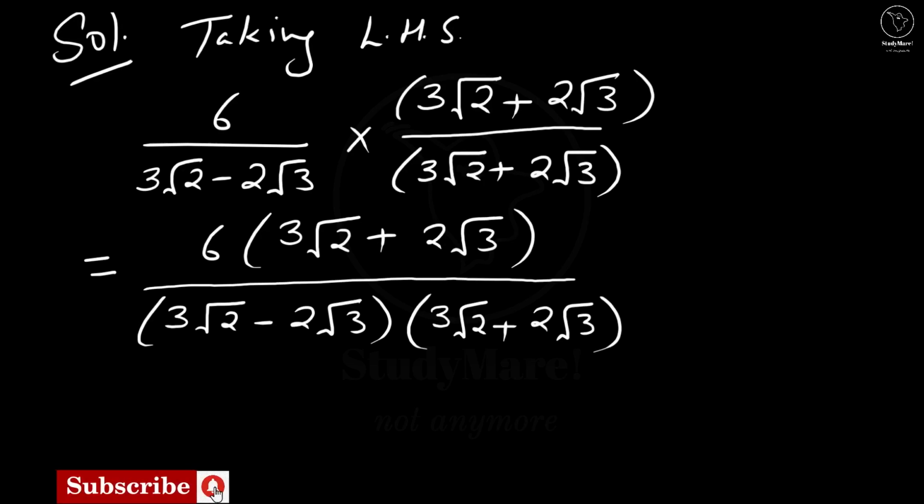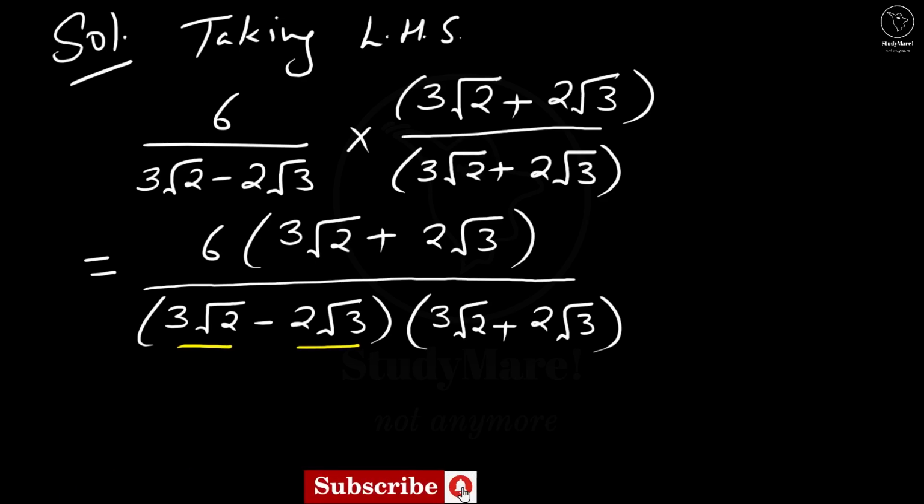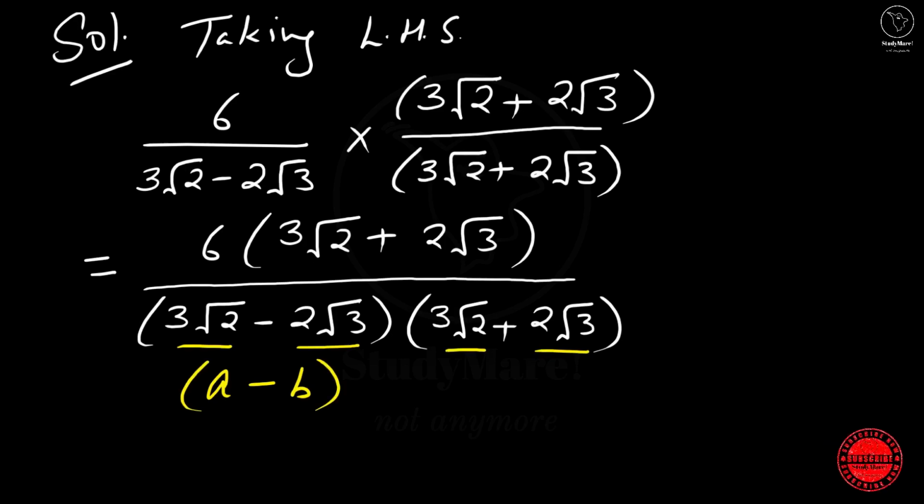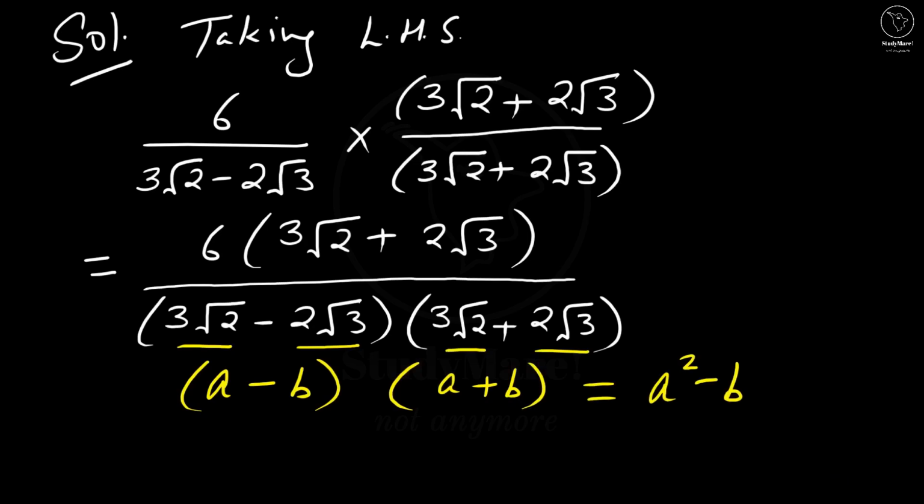If you look at this, we have 3 root 2 minus 2 root 3 and 3 root 2 plus 2 root 3. So this is a minus b, a plus b, which is equal to a square minus b square. Let's use this identity to simplify it further.